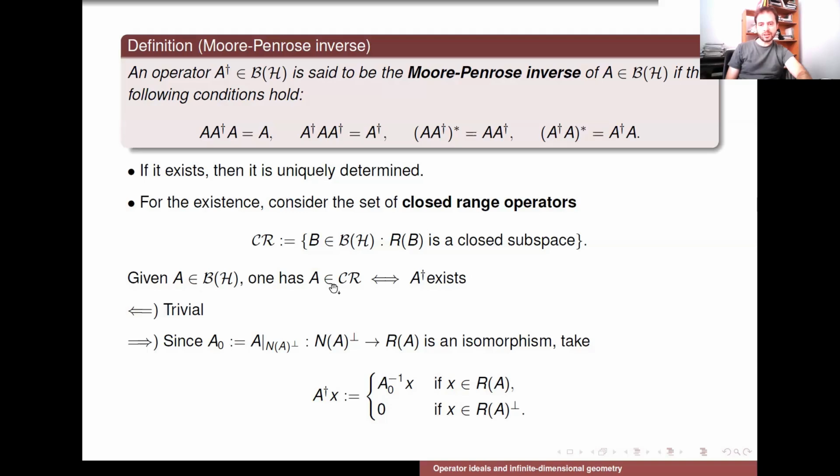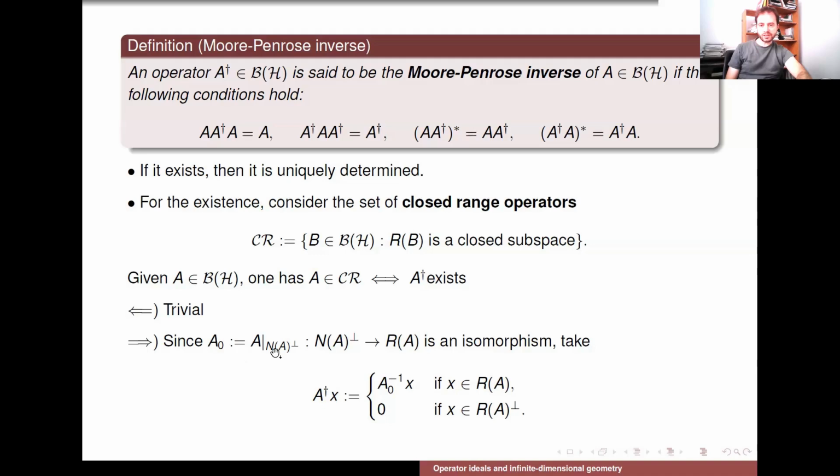An operator has closed range if and only if its Moore-Penrose inverse exists. The converse is more or less trivial using this first condition here and the fact that we are dealing with bounded operators.